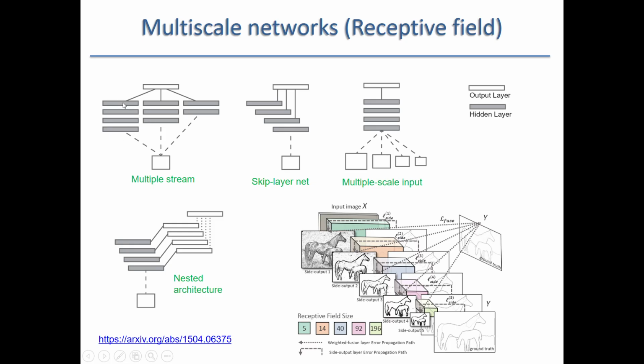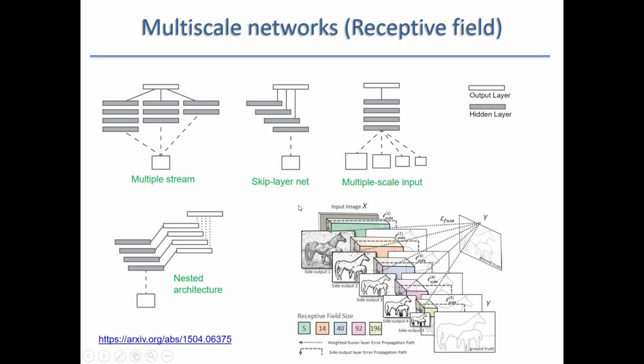And here we have 4 layers, 3 layers, 2 layers. Each one of these outputs is seeing a different part of the image, a different receptive field of the image. So now you can combine everything into an output layer. This one will be giving the big picture, while this one is giving the local details.